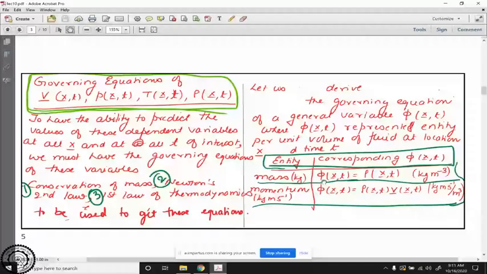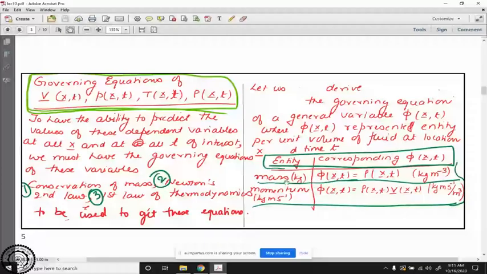My idea is first to derive a general equation for phi, and then set entity to be mass and get an equation, then set entity to be momentum and get an equation, and so on. That's why I am defining a general variable phi.